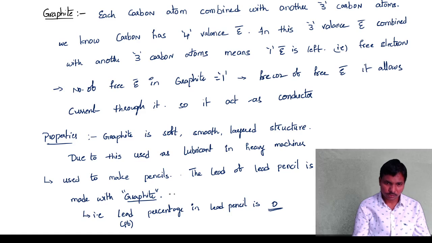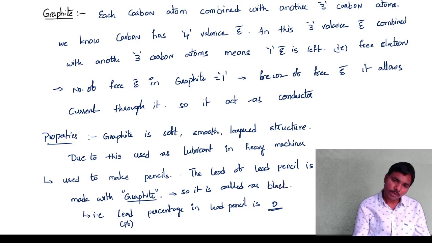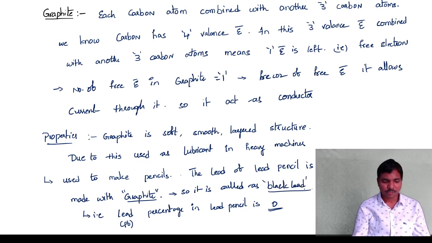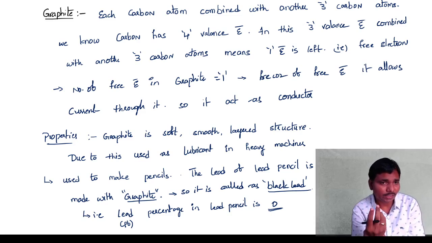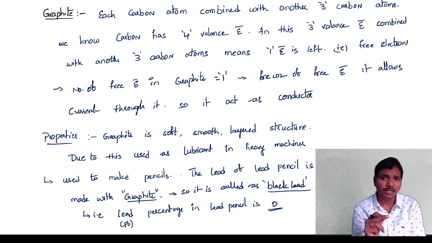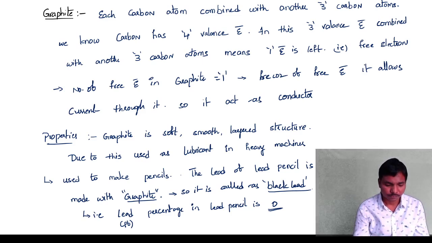Okay, graphite is called black lead. And by heating this graphite with high pressure, we can convert it into a diamond, but diamond may not become graphite.